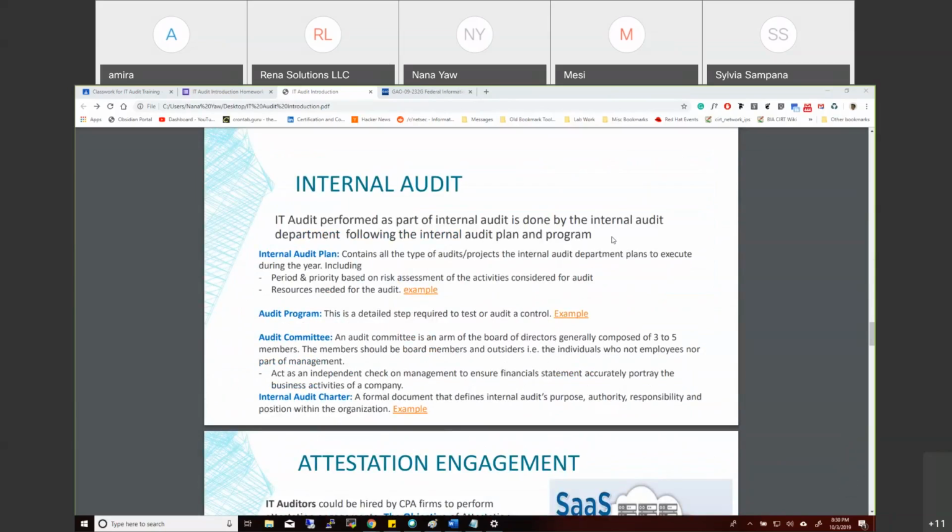It should also include the period, meaning the quarter in which it's going to be done, the priority based on the risk assessment, and the resources or hours needed to perform the work. This covers all the key components of an internal audit plan.